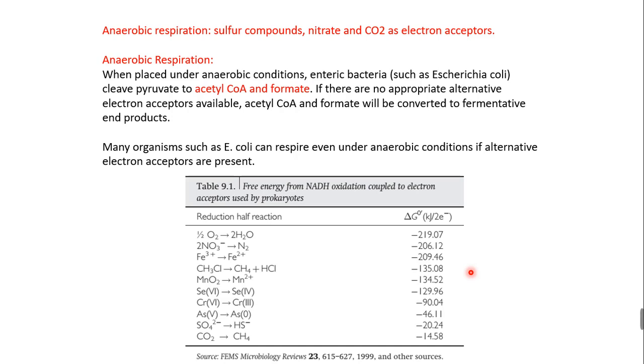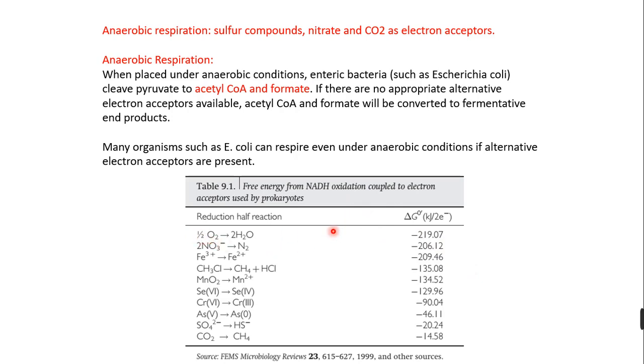Especially these organisms are highly anaerobic, usually enteric bacteria such as E. coli, which may live in 100% anaerobic conditions, and they utilize, instead of oxygen, nitrate, sulfur compounds and carbon dioxide as electron acceptors. And there's a table comparing these with oxygen.